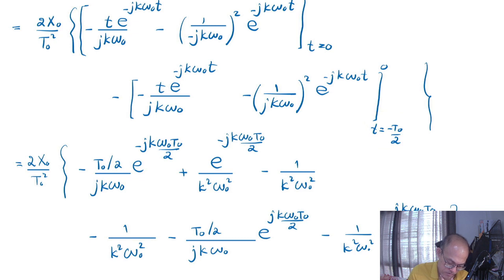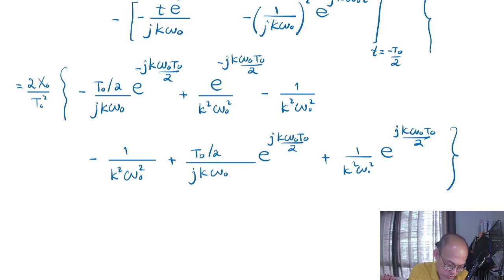Oh, here I have to put a positive sign, because this is minus t0 over 2, so I have positive, right? But then this is the lower boundary, so I have to put another negative. A negative times negative is positive. Yeah, positive, and this one is positive. Okay, I got that.